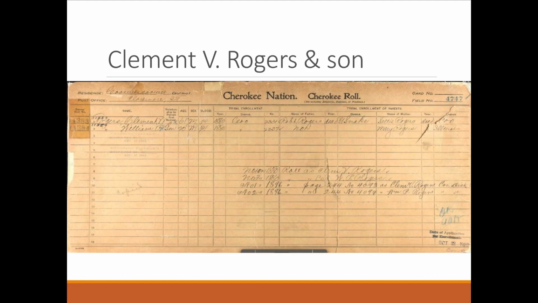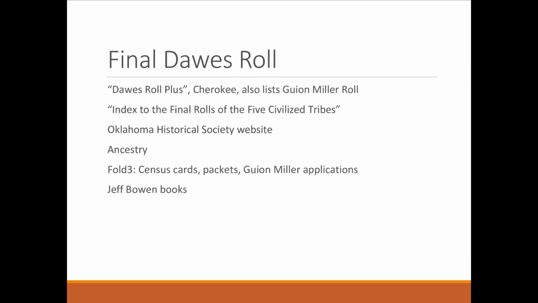So that's a number we need to keep in mind. There's lots of information on these cards. There may be marriages, there may be changing names. On a Freedman card, there's information on the back. But that's all we need for the allotments right now.